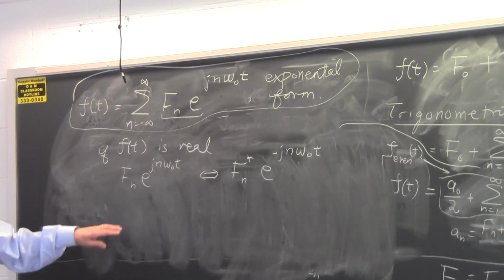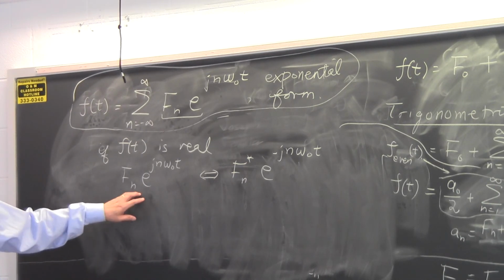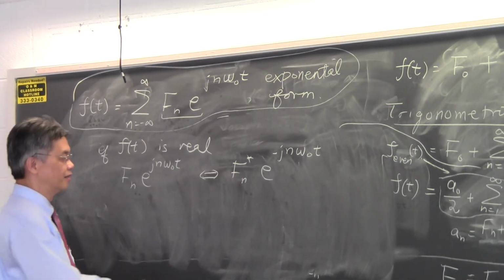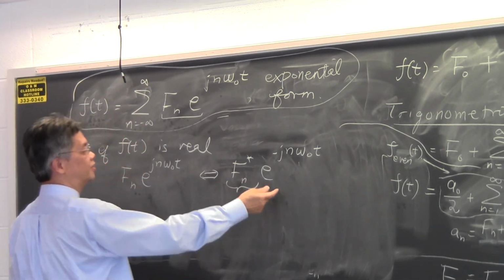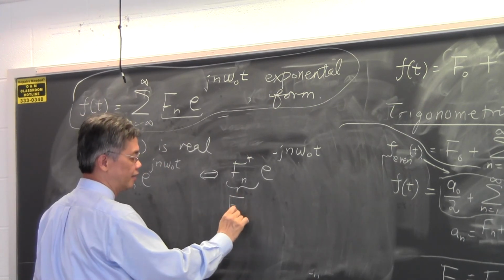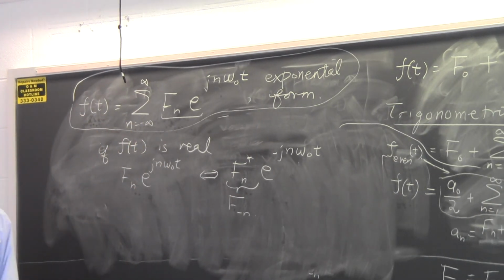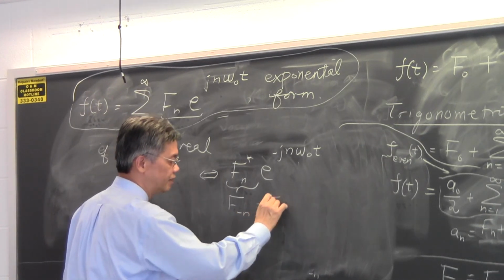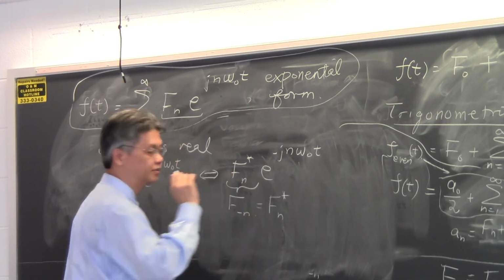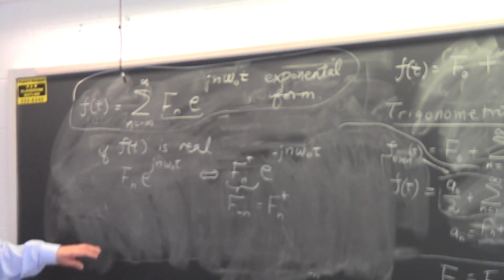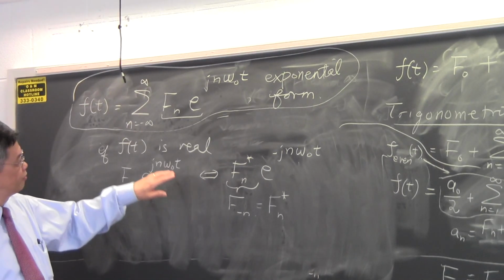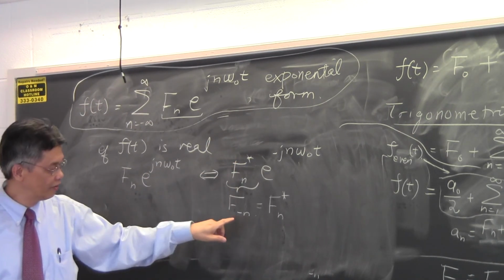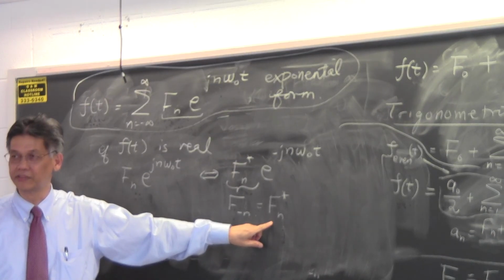And if this term always has its complex conjugate as you sum this, this term must be coming from f of minus n. It says that if f of t is real, f of minus n must be f of positive n complex conjugate. If this is the case, then for every term in this series there is a complex conjugate, because f of minus n is just f of n conjugate.